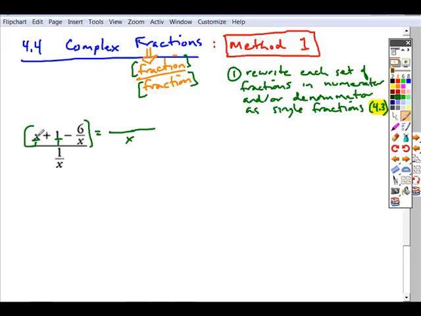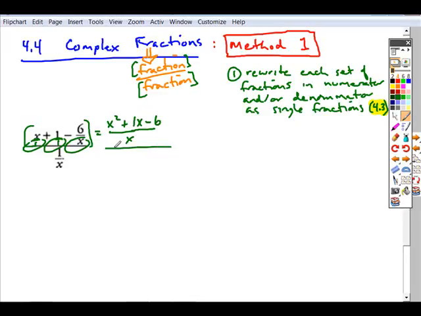And now all you need to do is take the numerator of your first fraction times what LCD factor was missing from its denominator. It was missing an x. So we multiply x times x, we get x squared. Plus our next fraction's numerator, which is 1, times what LCD factor was missing from its denominator. It's also missing the x. And then minus 6, the next fraction's numerator, times what LCD factor is missing from its denominator. Nothing. So you just leave it as it is. So here is our entire numerator written as a single fraction.